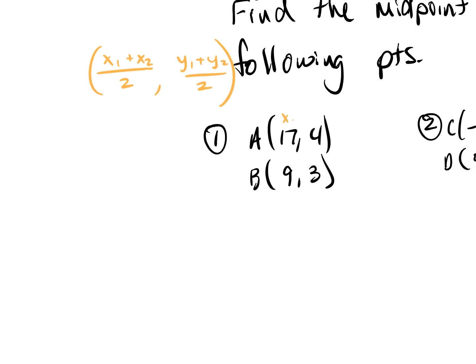So we have x1, y1, x2, y2, and let's plug it in. So x1 plus x2 would be 17 plus 9 over 2, comma, y1 plus y2 would be 4 plus 3 over 2.